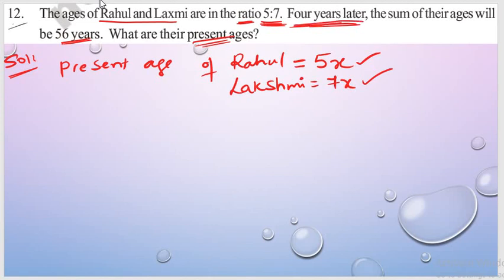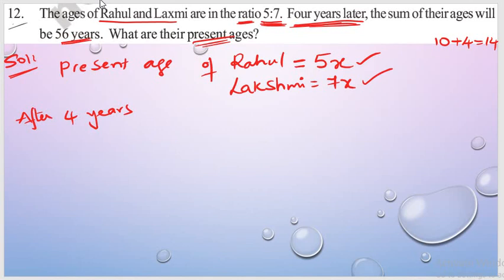Four years later. See, for suppose if the present age is 10 years, after 4 years what will be the age? We are simply adding, right? So after 4 years the age will be 14. Likewise here also, after 4 years we are going into the future, so future means we need to do addition.